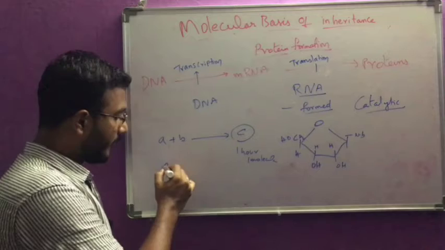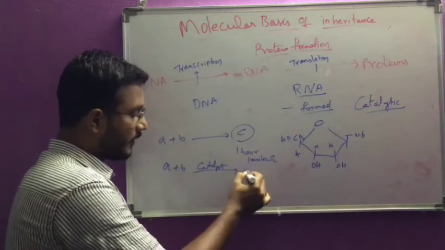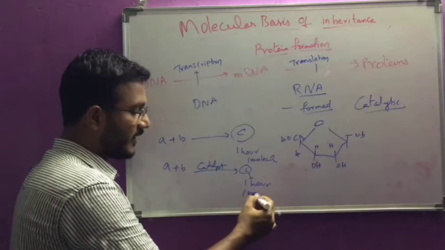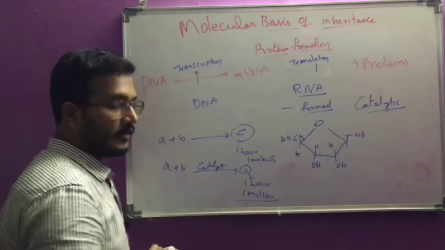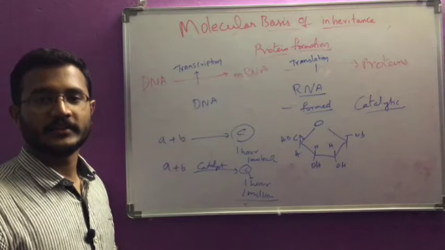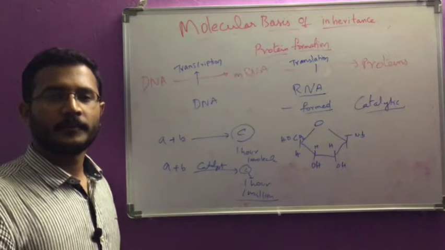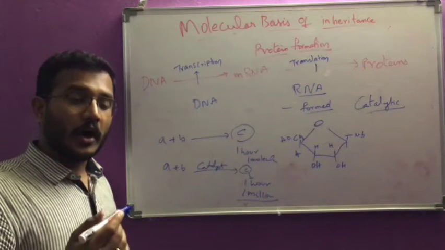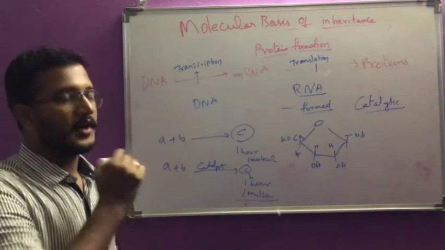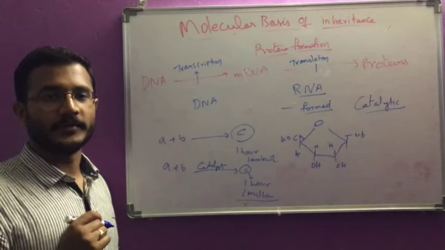If we use the same reaction with the help of a catalyst, it will give this product in 1 hour at least 1 million times. The rate of reaction will be increased. That is the usefulness of a catalyst. Here the catalyst may be an enzyme or any other protein. Almost all the catalysts are proteins. But the exception is that RNA will also act as a catalyst, which is not basically a protein.